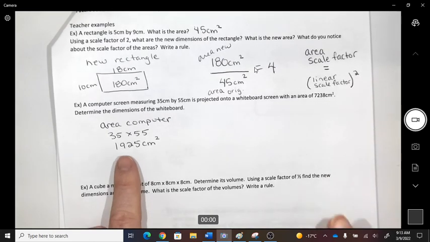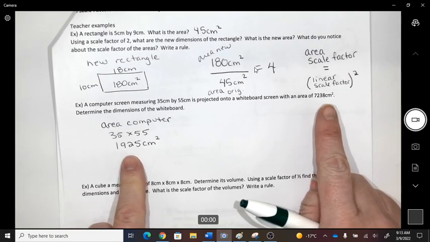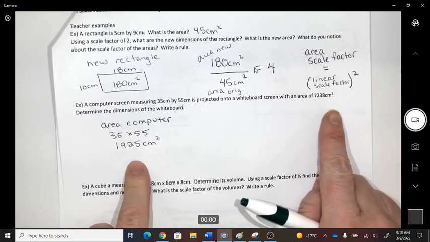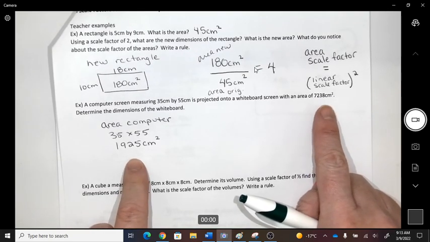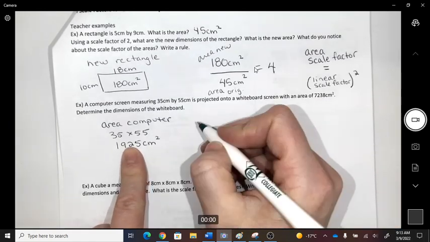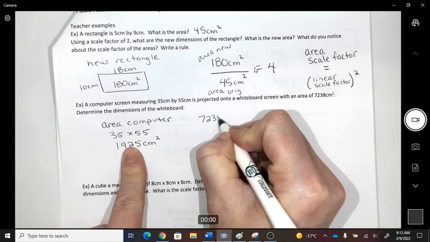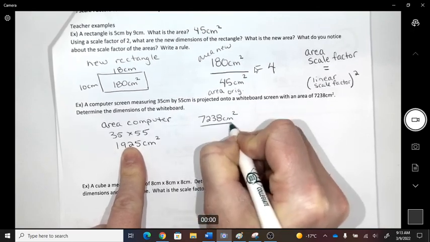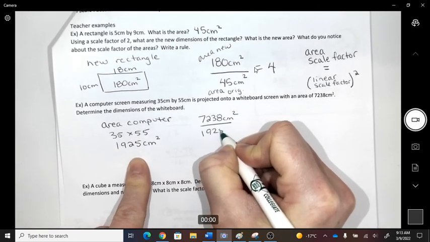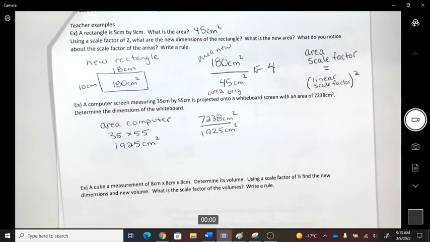Okay, so now I'm going to do what I did last time. I'm going to compare the two areas with each other. Okay, so the area of the projector compared to the area of the computer. How many times, either larger or smaller? Like, what's the scale factor of the areas?